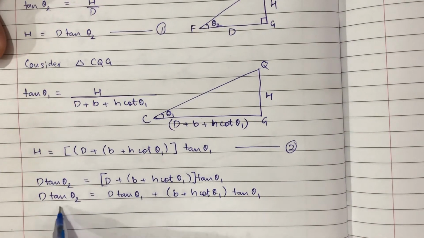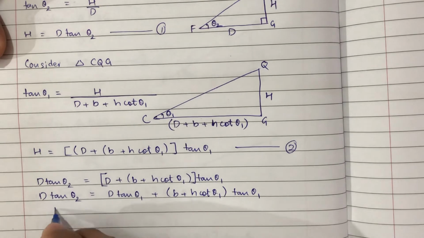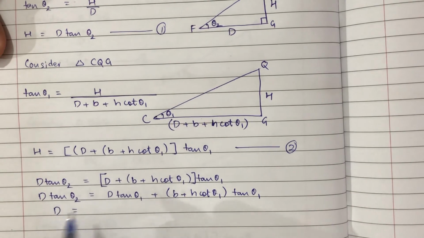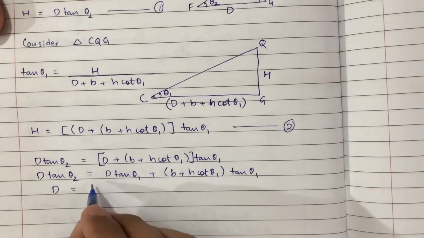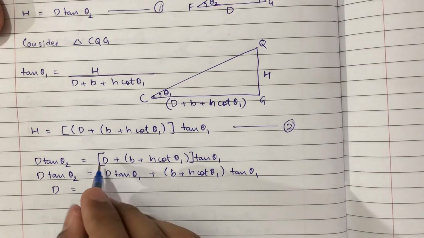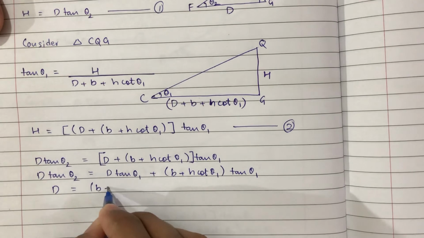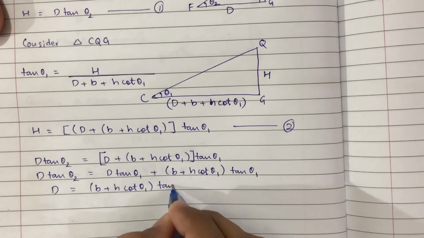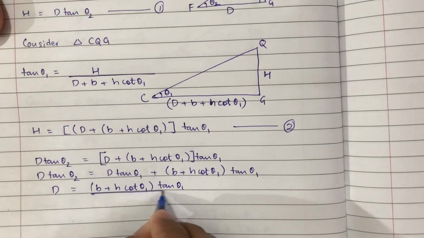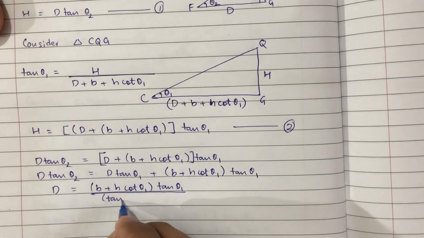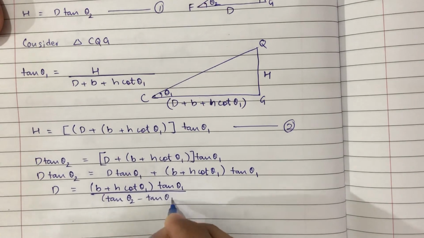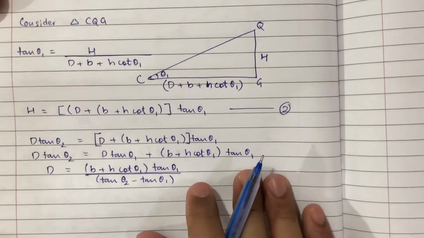Now if we send this d tan theta 1 over here and take d common, we will get d is equal to b plus h cot theta 1 into tan theta 1 upon tan theta 2 minus tan theta 1.